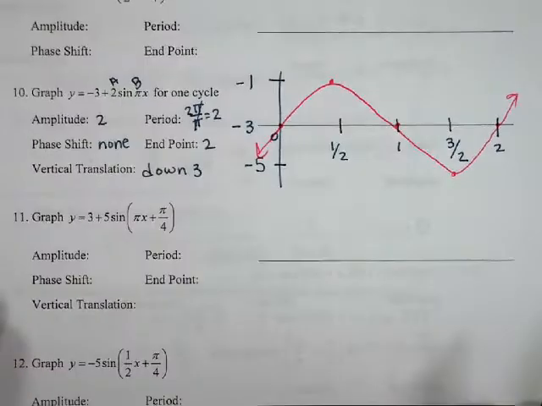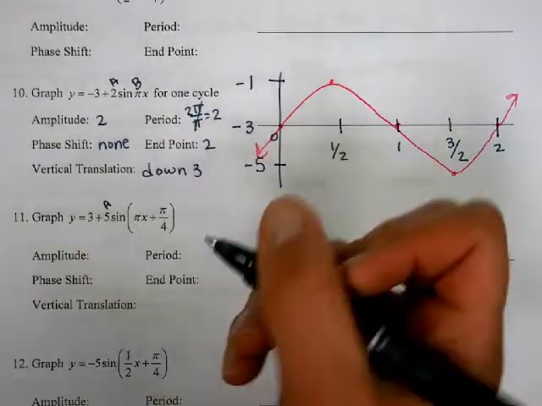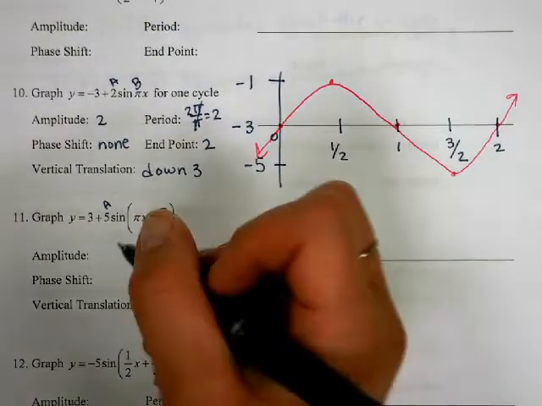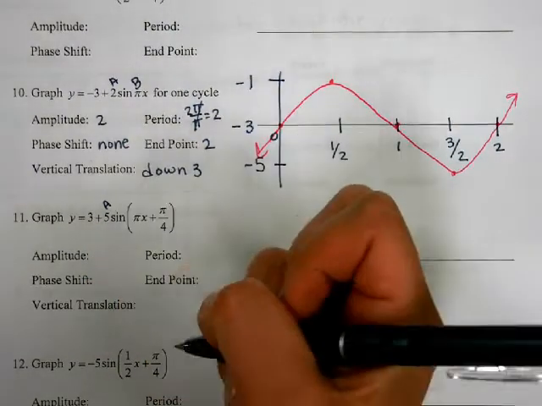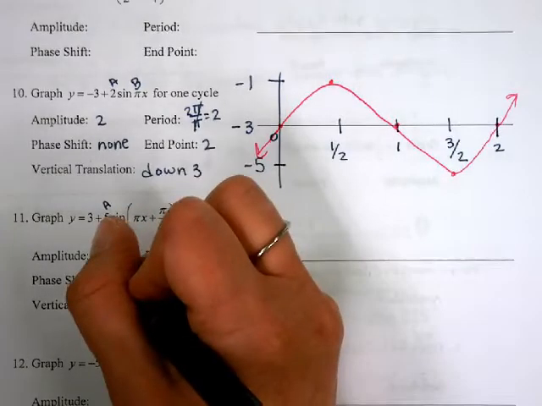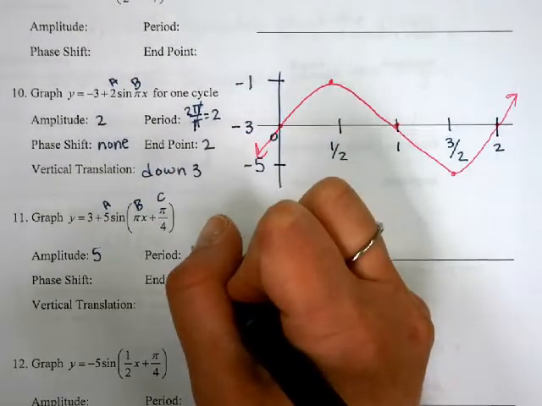3 plus 5 sine of pi x plus pi over 4. Okay, so here's my amplitude. This one has both. An amplitude and a phase shift and a vertical translation. It's got everything. So my amplitude is 5. My period is 2 pi over 2.